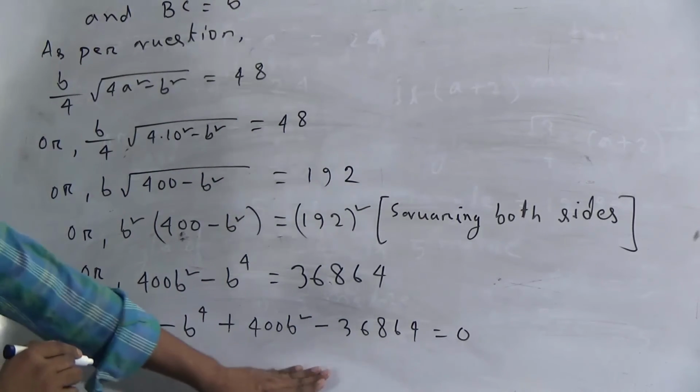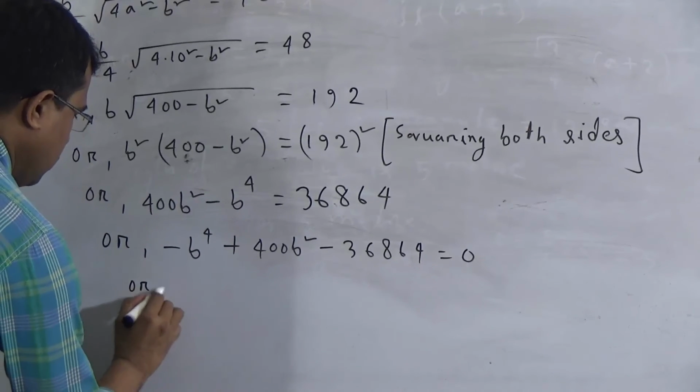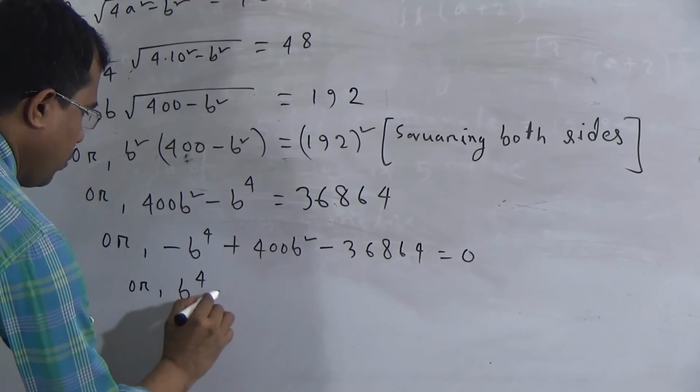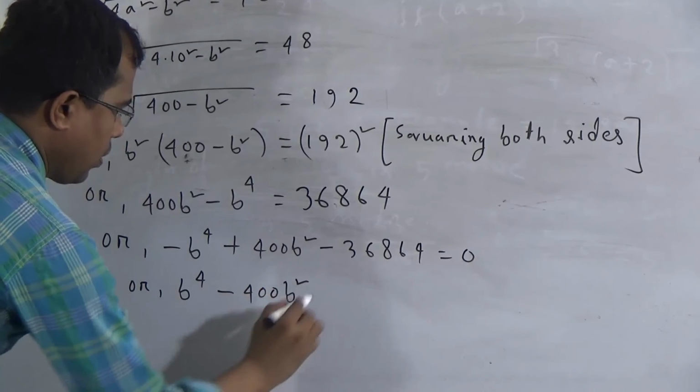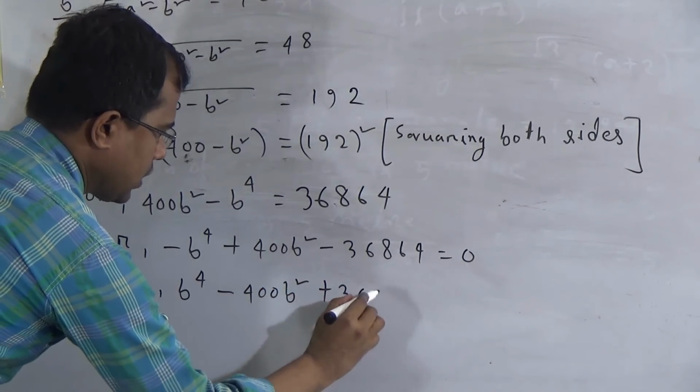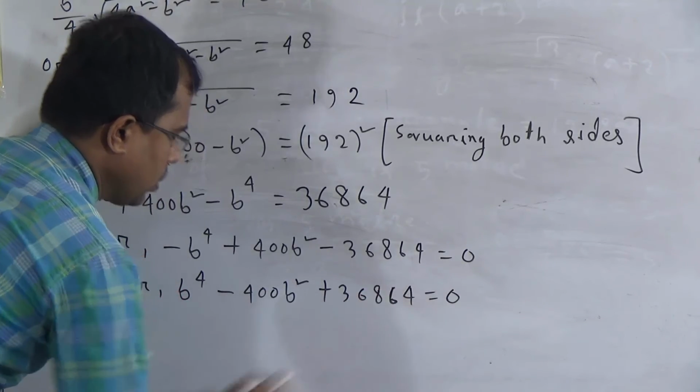Multiplying both sides by minus 1 we can get here B to the power 4 minus 400 B square plus 36864 is equal to 0.